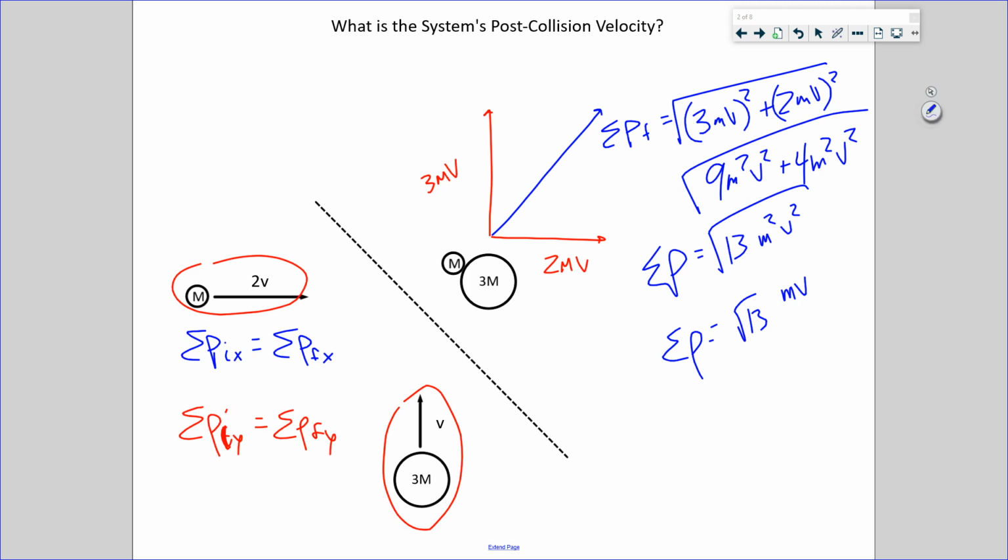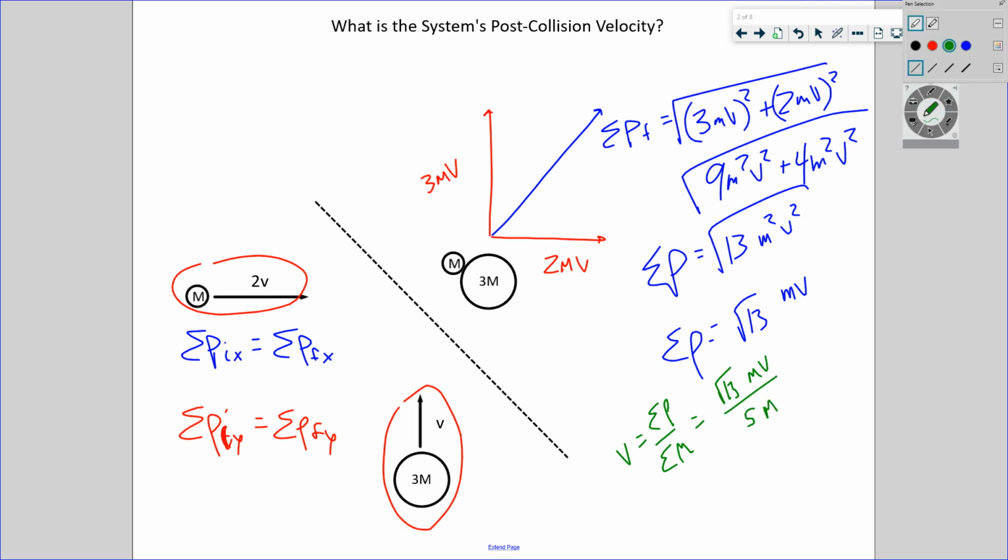And if we want, then we can say the velocity at the end is the net momentum divided by the net mass, or radical 13 mv over 5m. So at any and every instant, the system's center of mass is moving at radical 13 over 5 v.